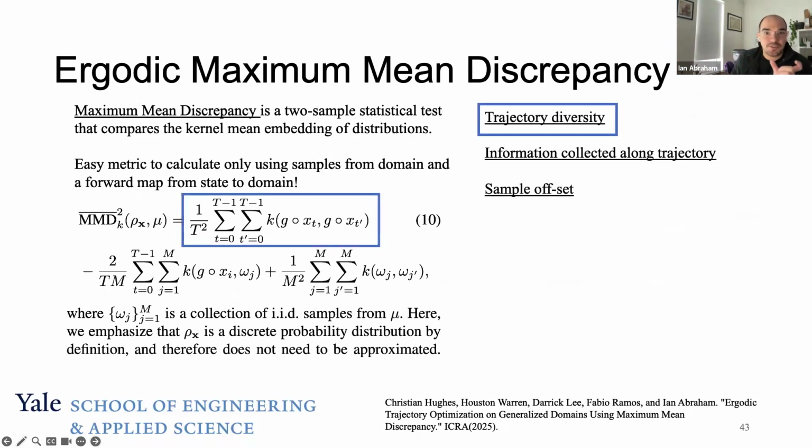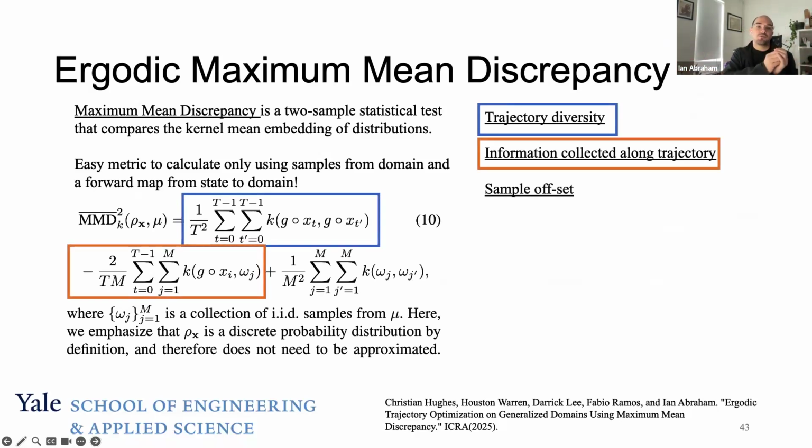The first term here is what encourages trajectory diversity. It says, spread out your coverage path. The second term says, make sure you at least take some samples that are meaningful on your domain. And the last term is just an offset term. The key thing to note is that you need IID samples from what you define as information on your domain, which we're calling mu here.